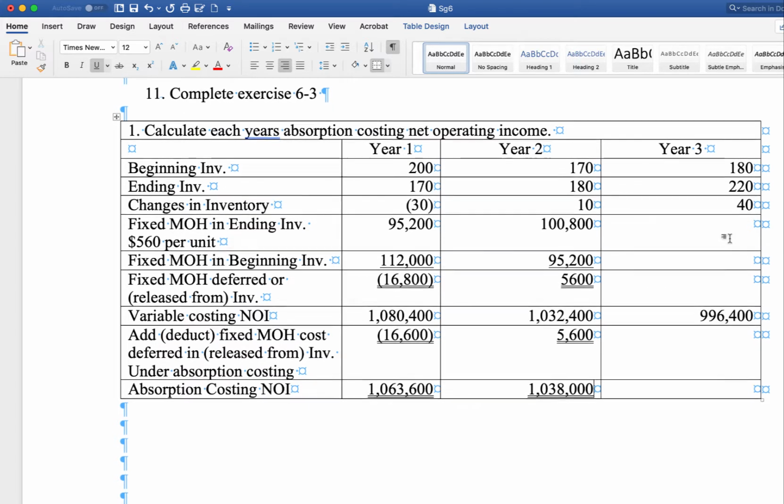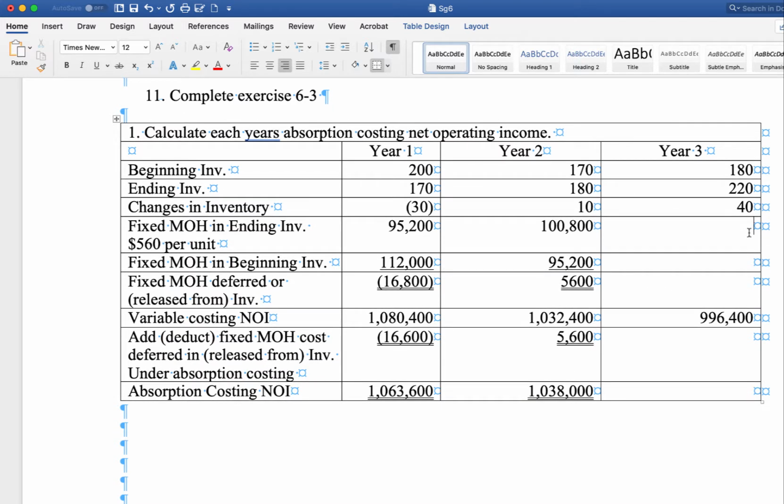So year 3, start off with 180 units in ending inventory. Okay? So if we take our fixed MOH in ending inventory, we take 220 units times the $560 fixed MOH, we get 123,200. Now we calculate the fixed MOH in beginning inventory.